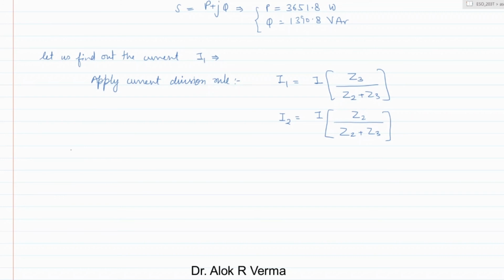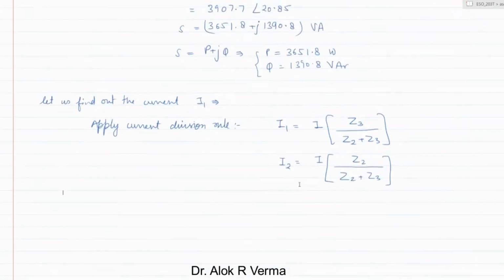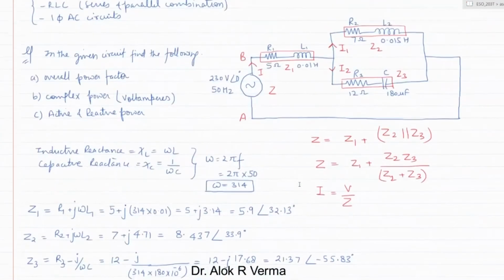So if you want to calculate the value of I1, that is applying the current division rule. Alternatively, you can find the voltage drop between the branch points, the small a and b. If we apply KVL in the loop, go back to the circuit and have a look.